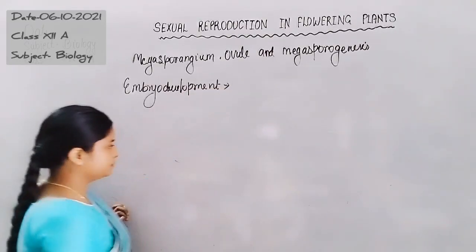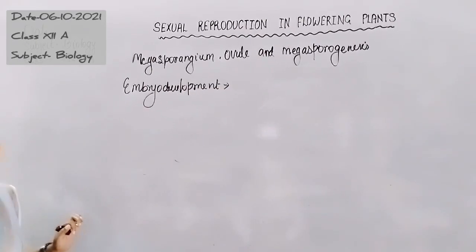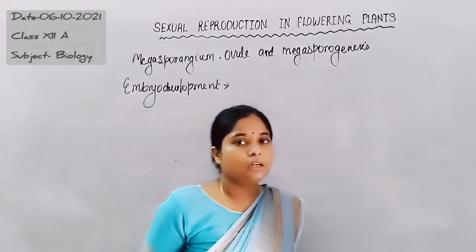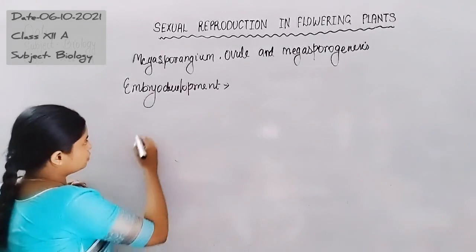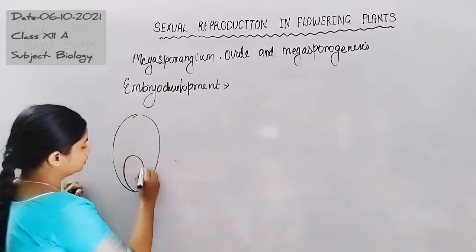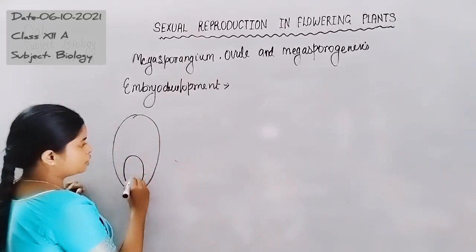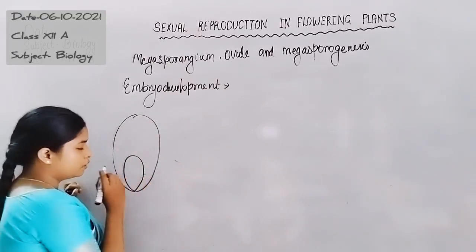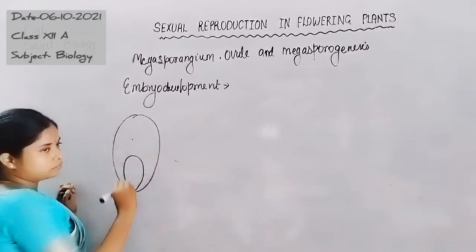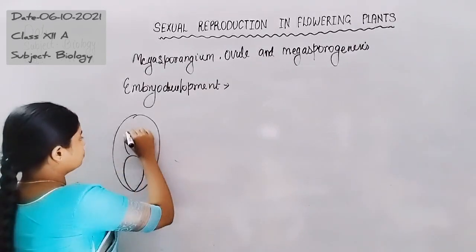Embryo development. As we know, double fertilization takes place, in which one fertilization is carried out through the formation of the zygote, and the second is the result of triple fusion in the embryo sac.